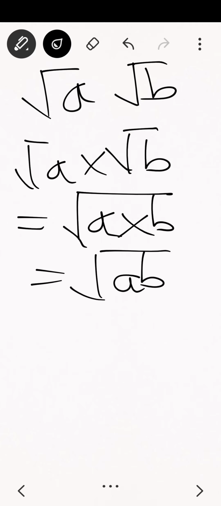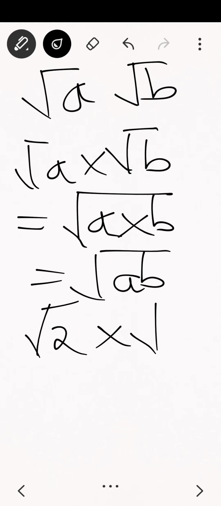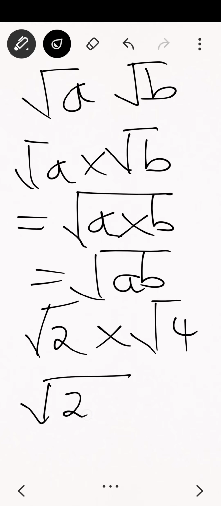So in real terms, assuming you have certain sets like root 2 multiplied by root 4, then when we extend the radical sign, the radical sign is going to contain both 2 and 4, which will equate to root 8.